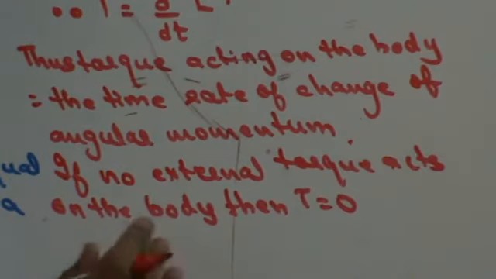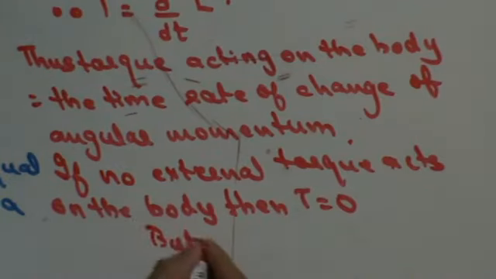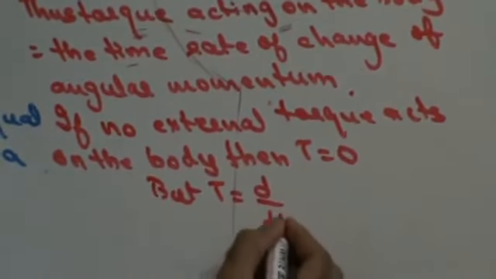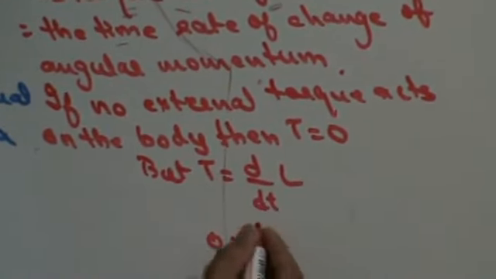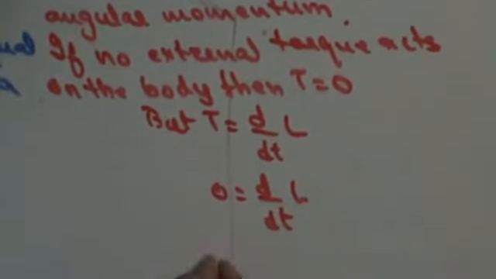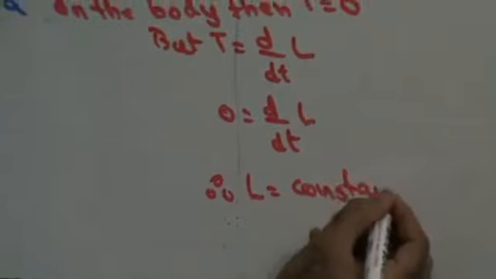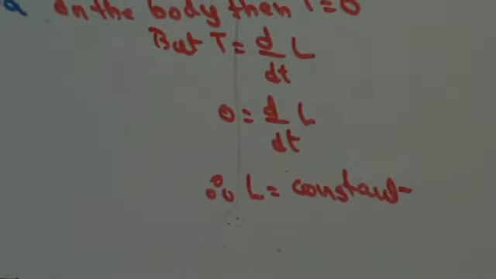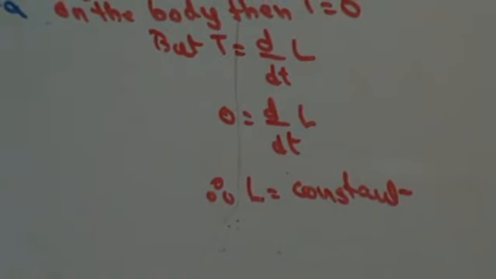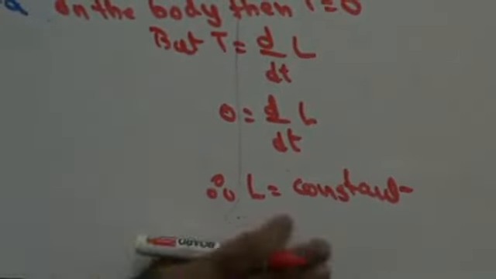But T is equal to d by dt of L. So 0 is d by dt of L. Therefore, L is constant. But what is L? L is nothing but your angular momentum, and thus angular momentum is constant, right? So if no external torque is acting on the body, the angular momentum of the body remains constant, and this is my law of conservation of angular momentum.